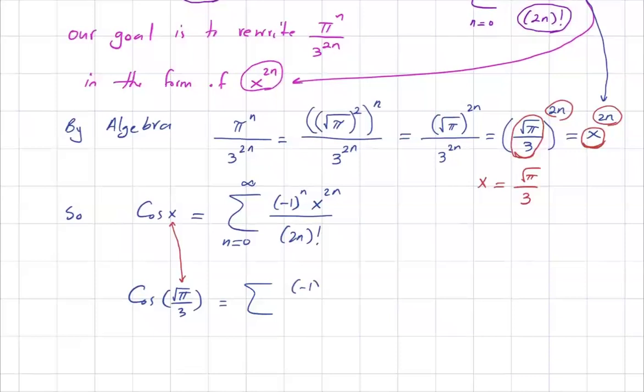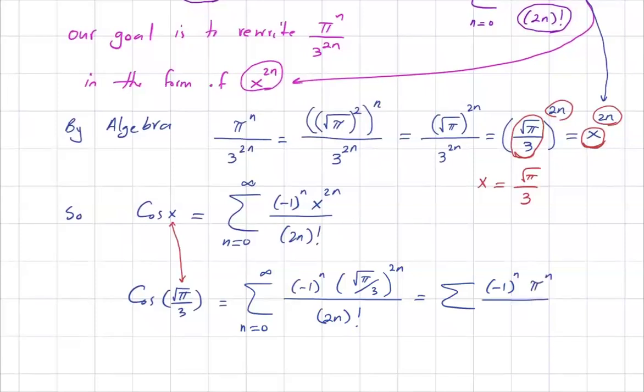which is equal to the power series that you're given in this question. The summation of (-1)^n (square root of pi divided by 3)^(2n) divided by (2n) factorial, or in simplified version, is equal to the summation of (-1)^n pi^n divided by 3^(2n) factorial.